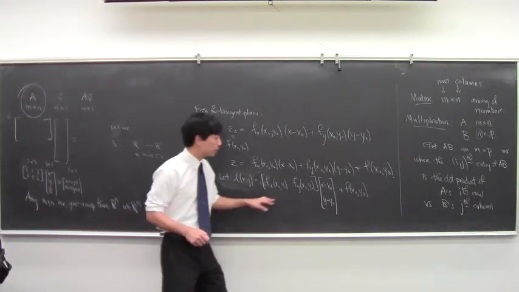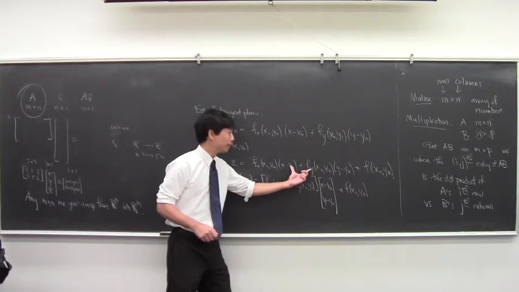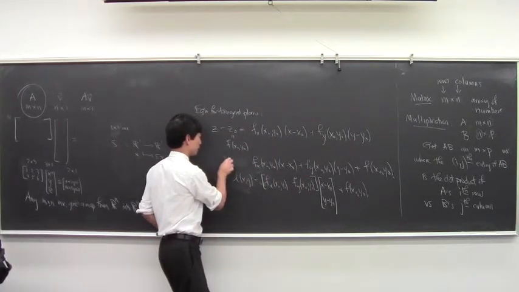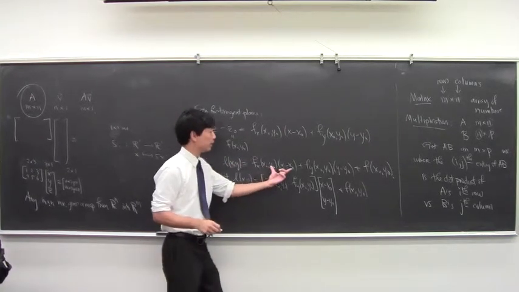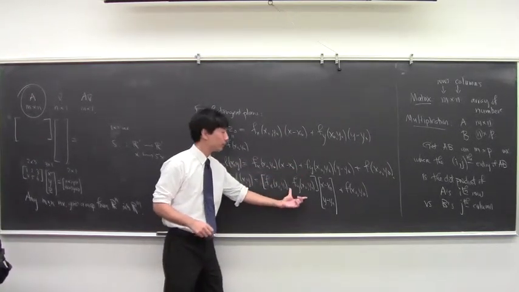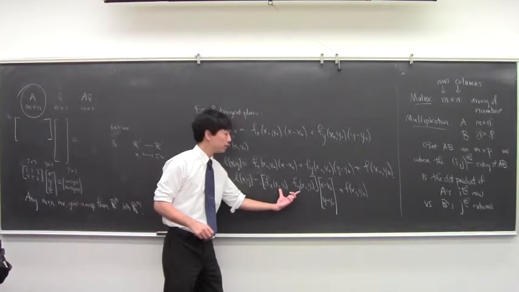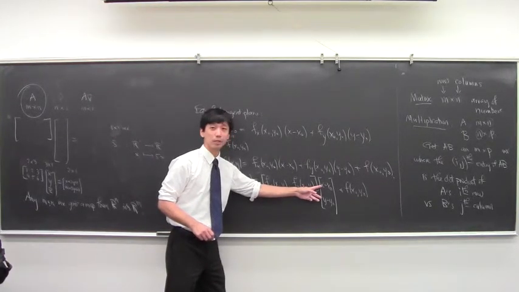Okay, so now we're back here, and I've rewritten the linearization. I'm going to rewrite it using matrix multiplication notation. This is your matrix. This is another matrix.